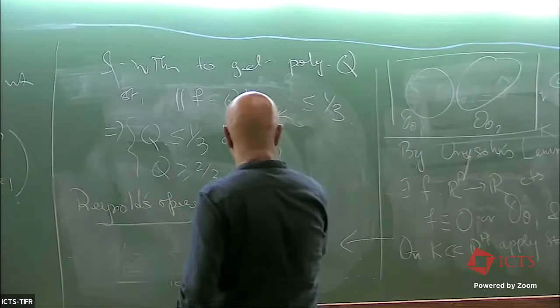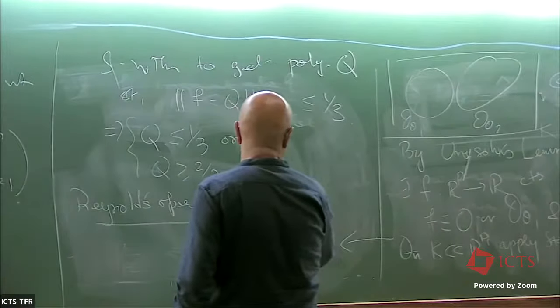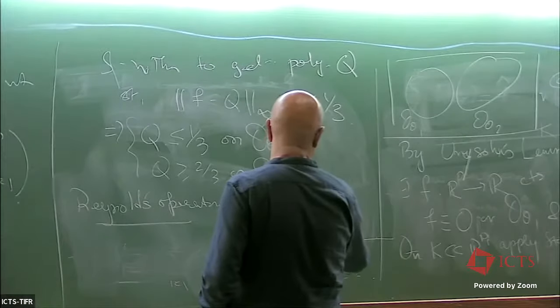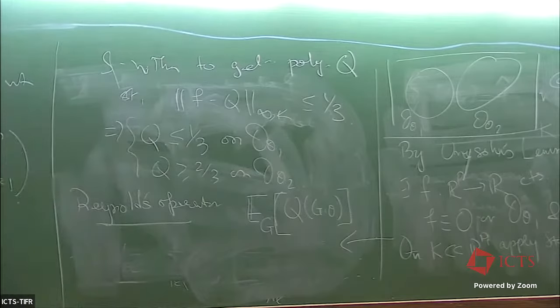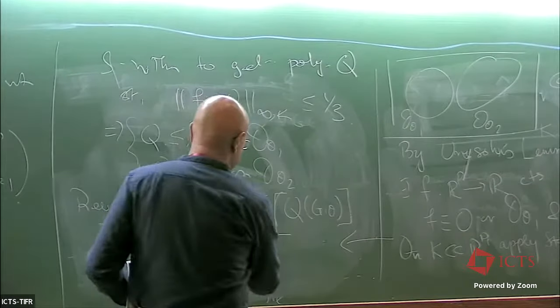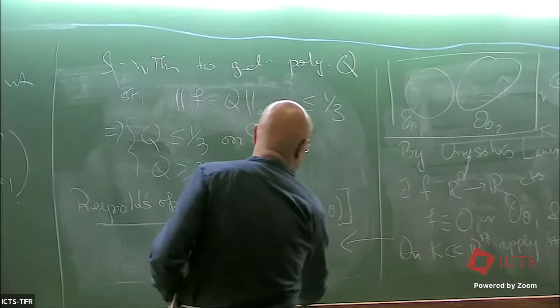And this is simply the expectation of Q of g acting on θ, where g is sampled from the Haar measure on the group.